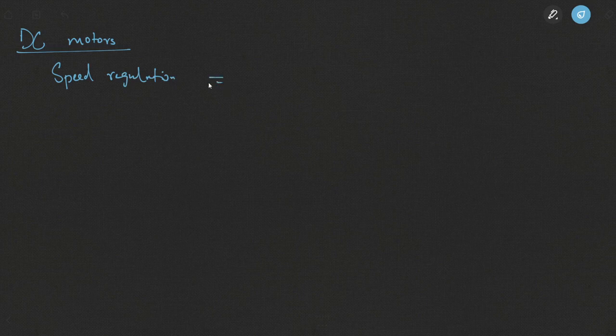Speed regulation is simply the ratio of omega at no load minus omega at full load, divided by omega at full load. And if we want to find this in terms of percentage, we can multiply it by 100%.